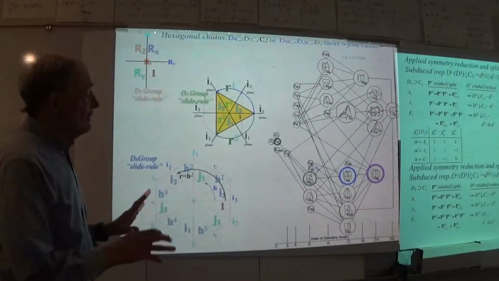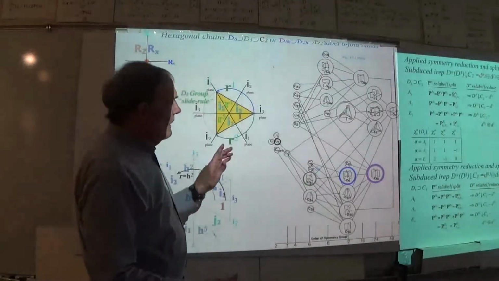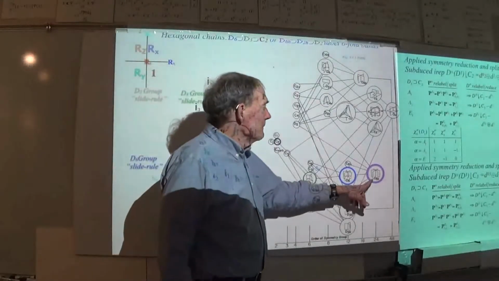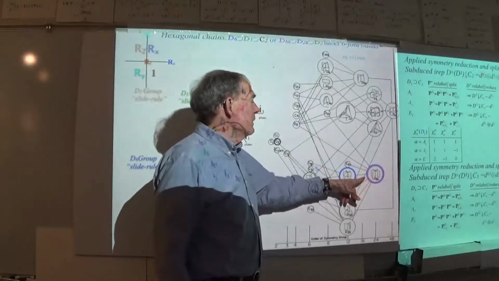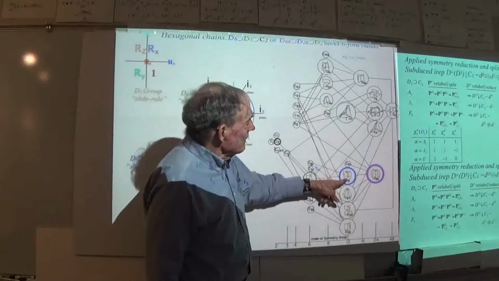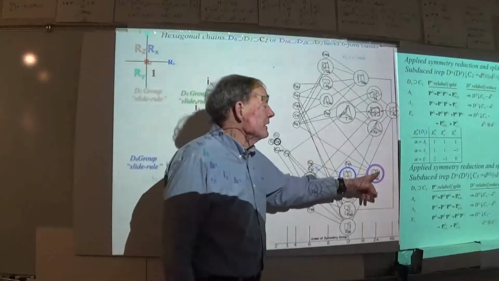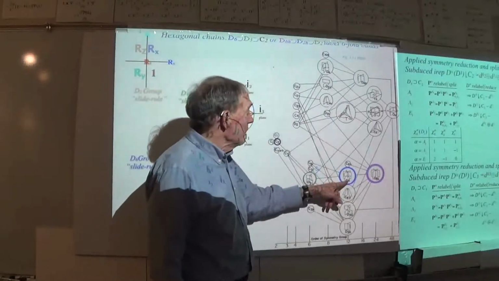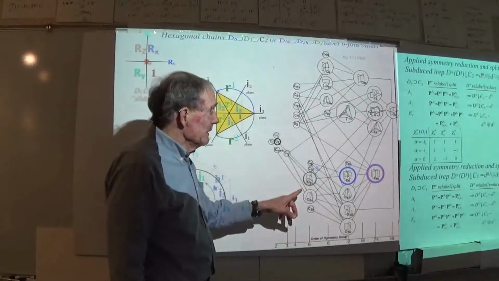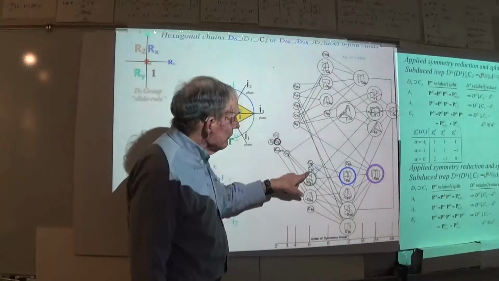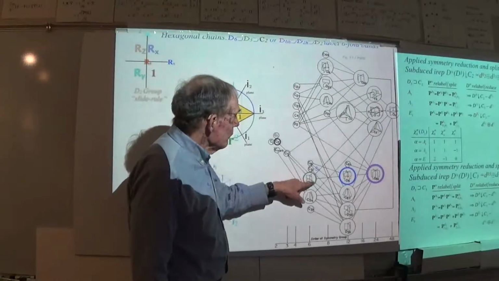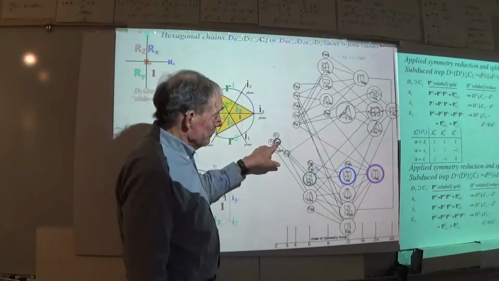Okay, now we're going to see this at work in the reduction from full hexagonal symmetry. Well, we'll be satisfied just to do D6, but we easily get this. As you'll see, this comes very easily by taking a product of the D3 with C2.